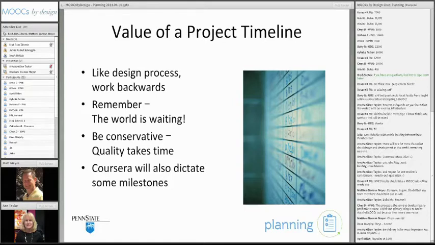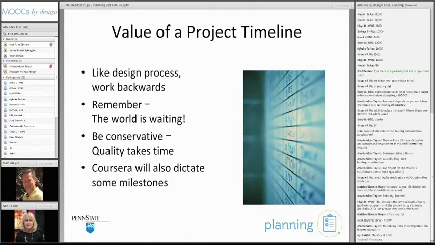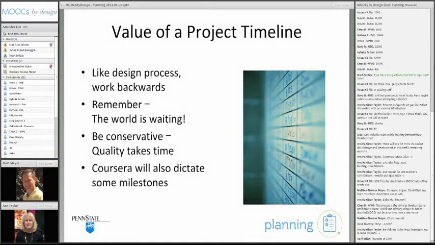Like the design process, when we looked at our own project timelines for each of the 5 projects, we worked backwards. We knew exactly what we wanted to do and estimated how long each component would take, and then we worked backwards and set up our intermediate delivery goals.